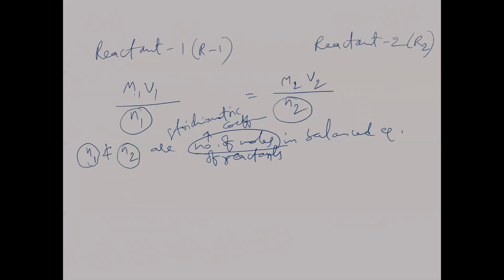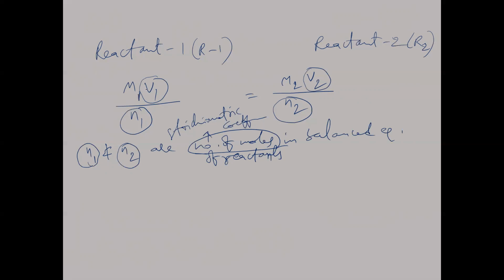M1 is the molarity of the first reactant, V1 is the volume of the first reactant, and n1 is the number of moles of the first reactant in the balanced equation. M2 is the molarity, V2 is the volume, and n2 is the number of moles of the second reactant. If you take this volume V1 in liters, V2 should also be in liters.